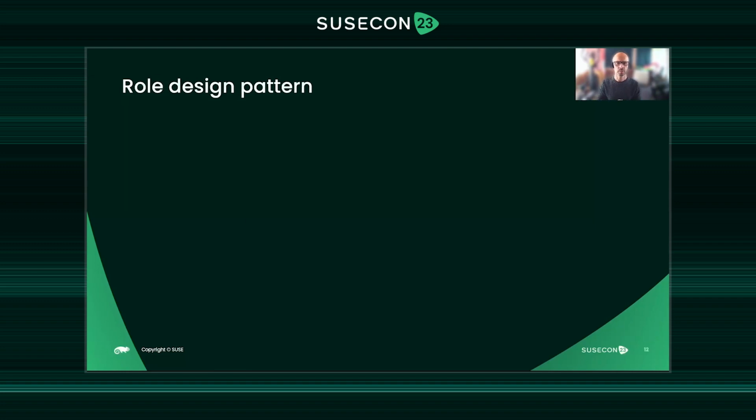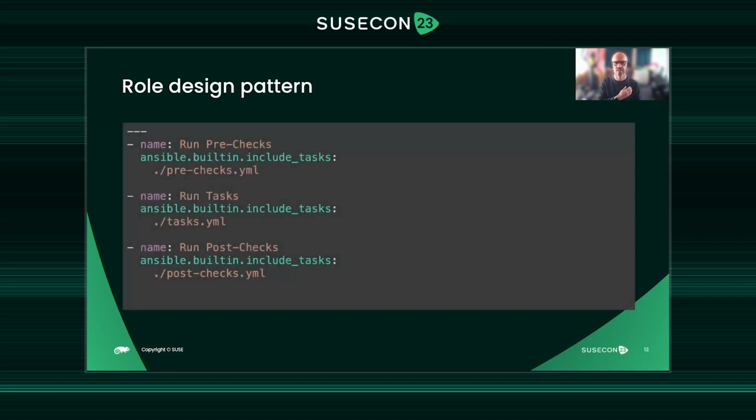So we've got a very specific design pattern for our Ansible roles. The main entry point to an Ansible role is the main.yaml file in the tasks directory, and every one of our roles has the same file. It looks like this. We do three things. We run our pre-checks, so we've always got a dedicated pre-checks.yaml file.